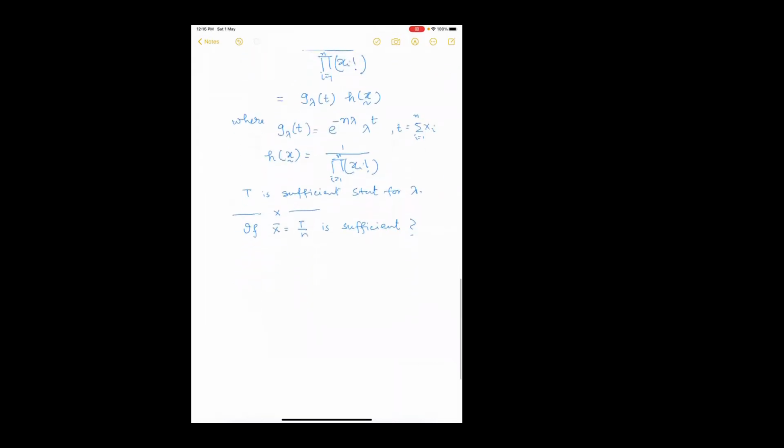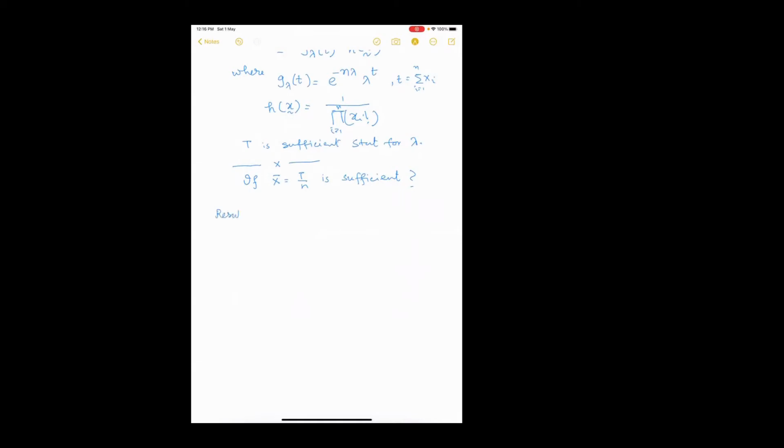So a small result, if I just prove this result, that any one-to-one function of a sufficient statistic is a sufficient statistic. That is what we want to argue.